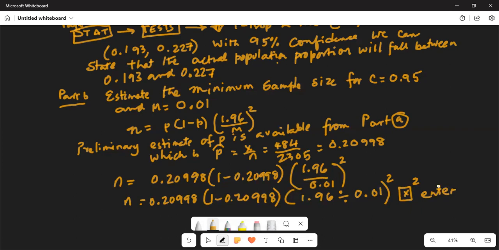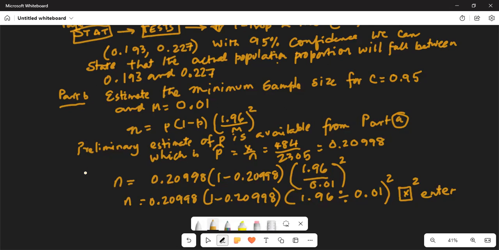So let's do the calculation. 0.20998 multiplied by left parenthesis 1 minus 0.20998 right parenthesis, then left parenthesis 1.96 divided by 0.01, right parenthesis, then the x square. Do not forget the x square button because it will square the last term in the parenthesis, and hit enter.